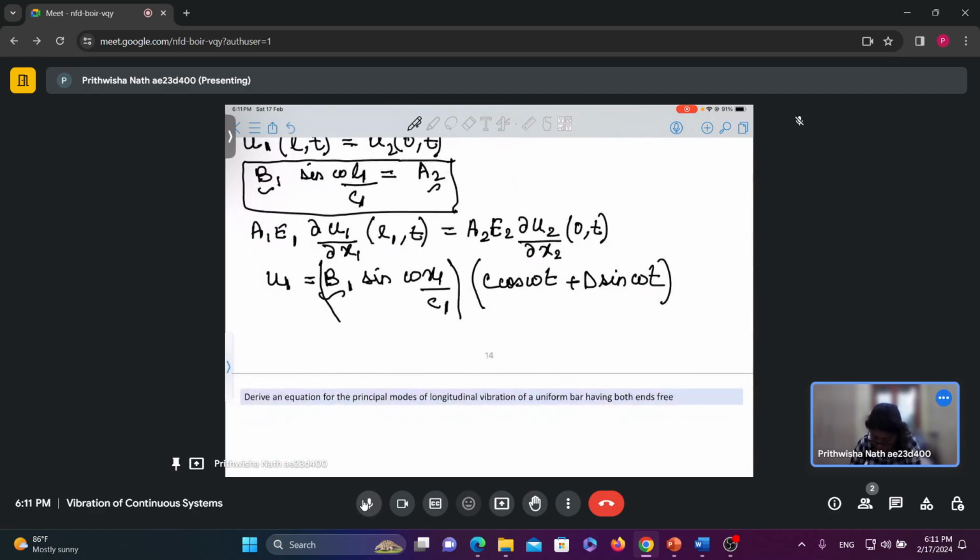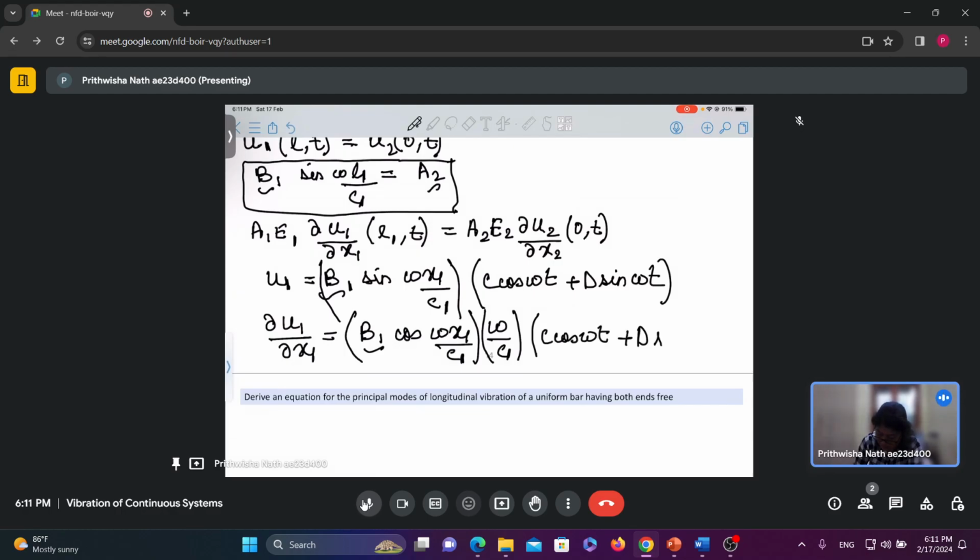Now if I differentiate this with respect to x1, I get cos(omega x1 / c1) into omega / c1, into (c cos omega t plus d sin omega t).